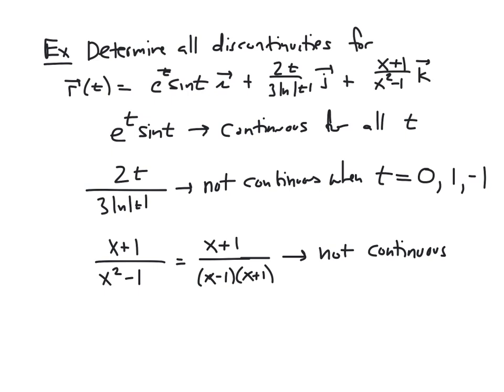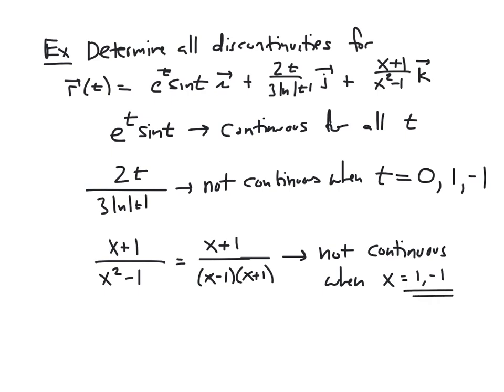So this particular function is not continuous. We just look at this denominator when x is positive 1 or negative 1. In that case, we would get a 0 in the denominator. You might want to cancel the x plus 1s and then say it is actually defined at negative 1, but the original function is not. That would be a simplification at every point except for negative 1. We don't want to do that. So this is not continuous at these 2 points.